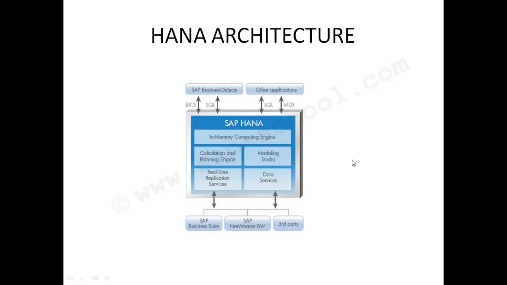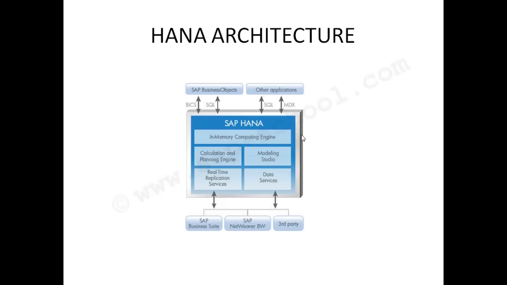architecture diagram of HANA. Basically, we bring data from other databases into SAP HANA, which is an inbuilt application in and by itself. You can transform data and put it into SAP HANA. You have the application server, and the main feature of SAP HANA is that most of the data computations are done in the database itself. You don't have to bring the data to the application layer, do the computations there, and send it back into the database.